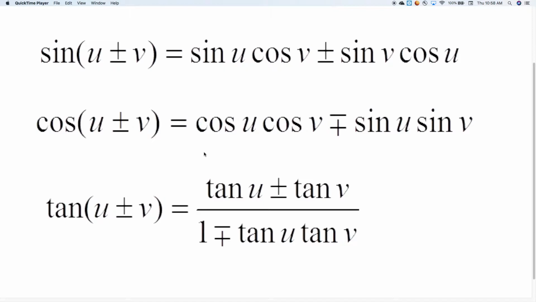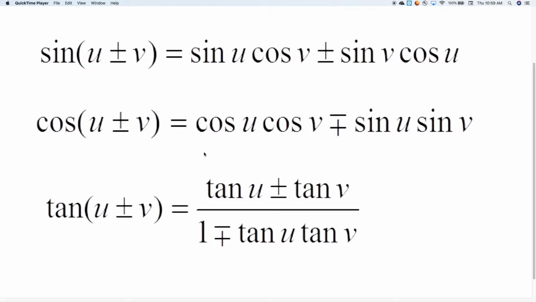Now, notice that they all look the same on the left, aside from the trig ratio, the u plus or minus v, but over on the other side, this is where the formulas differ. So you'll just follow whatever formula you want to use depending on the trig ratio. Pay attention to these plus or minus signs. For the sine formula, it says the sine of u plus or minus v equals the sine of u times the cosine of v, and then another plus or minus.